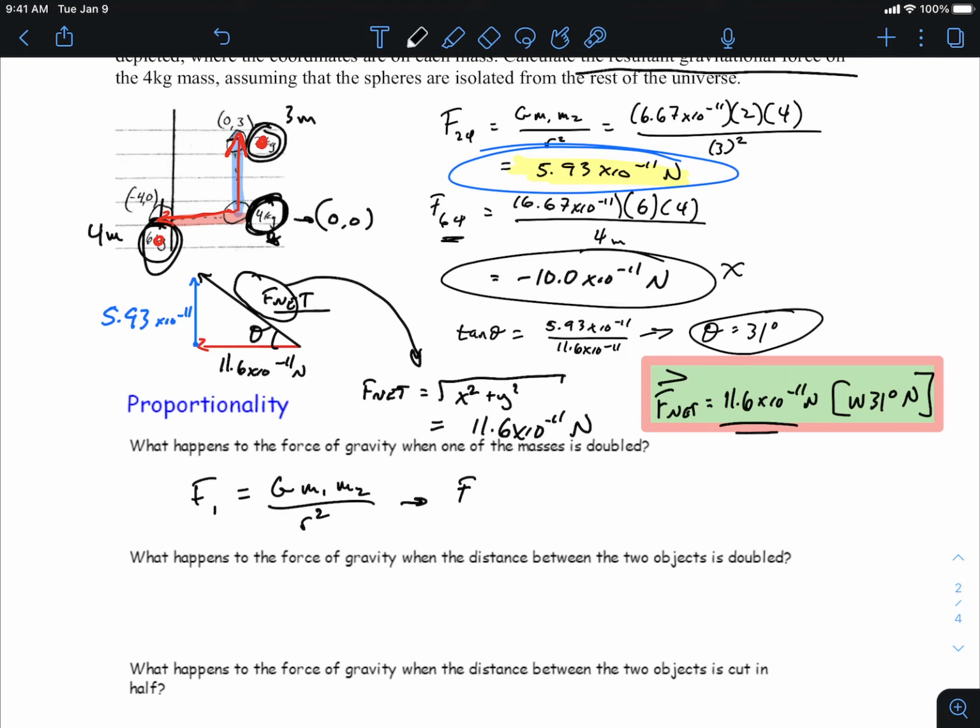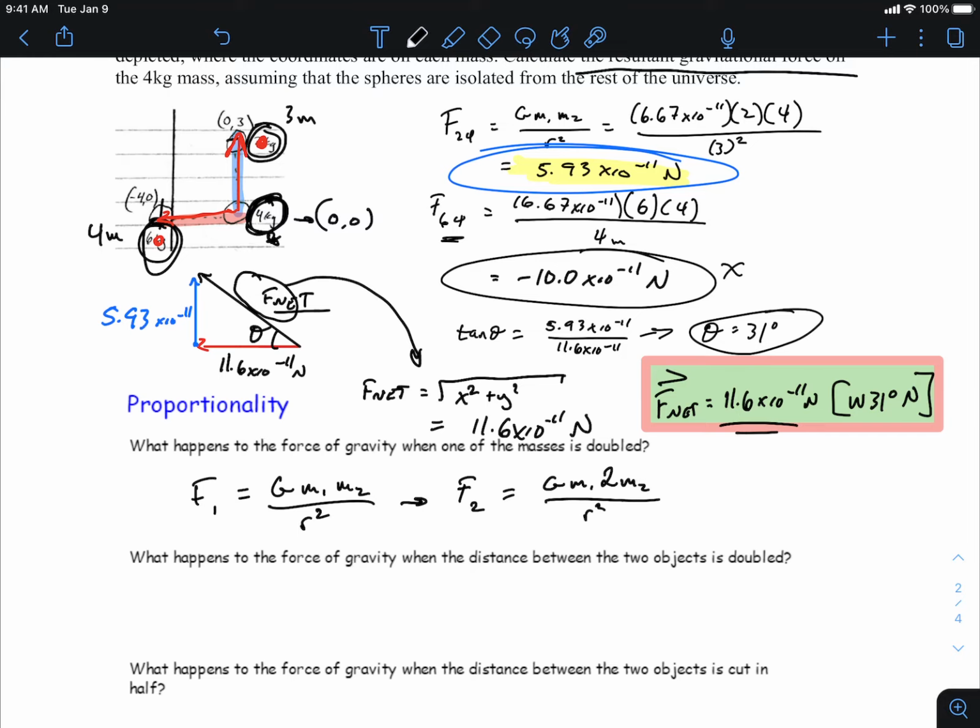So what happens to the force? We'll call it F2, a new force, will be equal to G m1, 2 m2, right? We're going to double it, divided by r squared. Well, it looks like it just doubles the amount of force, right?